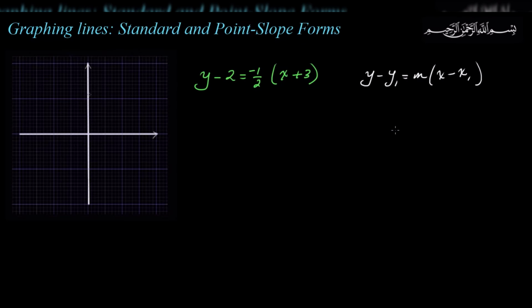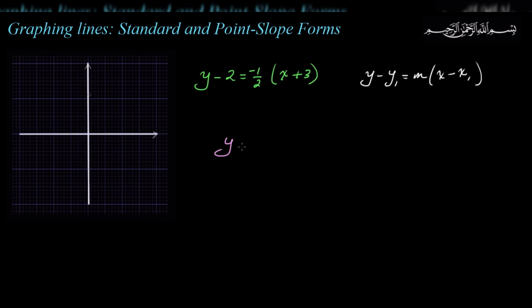Again, the first thing you have to do is recognize that this is an equation of a line that's given to you in the point slope form. If you don't recognize this, then you can't go very far. You also have to recognize some variations of the point slope form that you might find confusing.